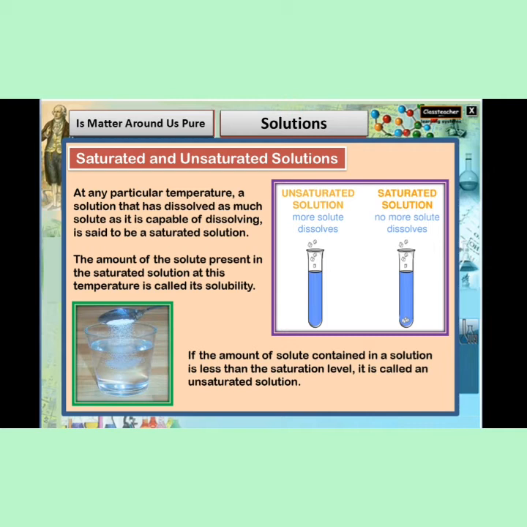So basically, in supersaturated solutions, there are two types of phases, because liquid is present and some portion of solid will be present and settle down under it. So in a supersaturated solution, some solute will be undissolved because the maximum solubility point has been reached, and after that we are adding more solute particles.